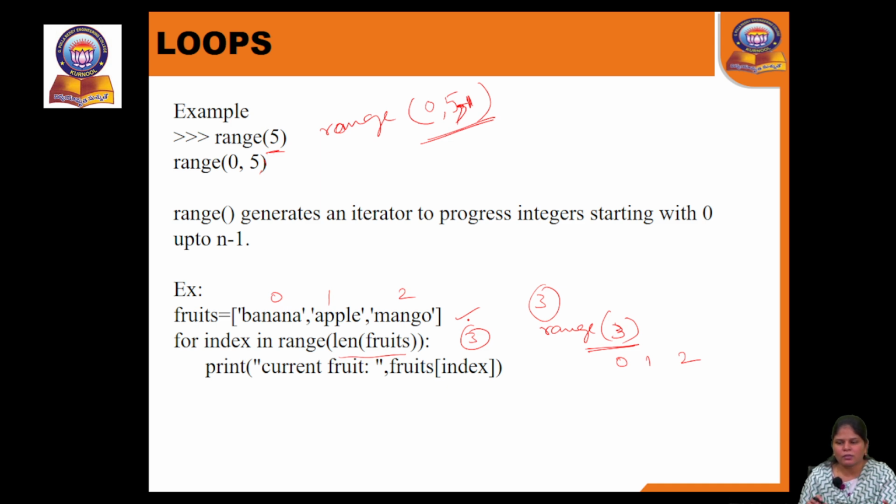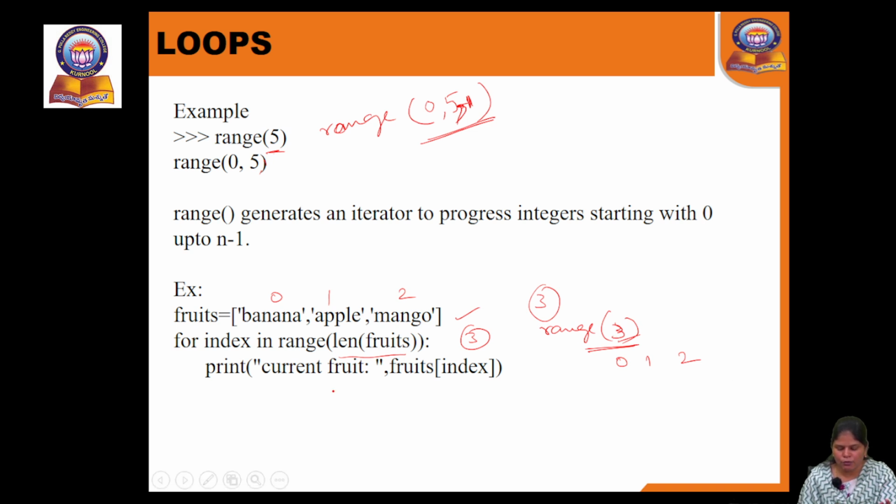If I have 7 characters in a string, the last character will be at index 6. So whatever the length we have, length minus 1 will be the last index, right? So range of len of fruits, that means len of fruits is 3, so I will be considering range of 3 here.